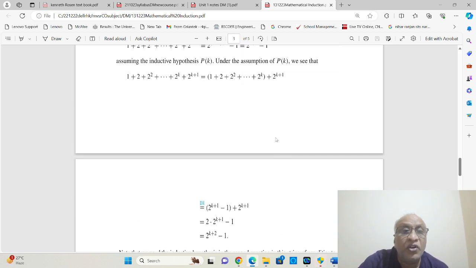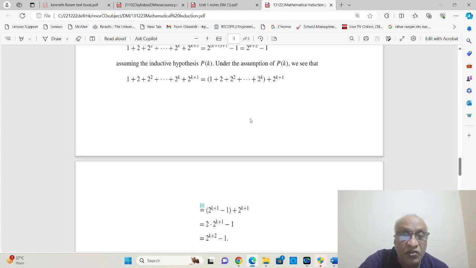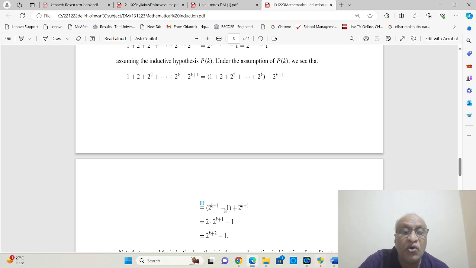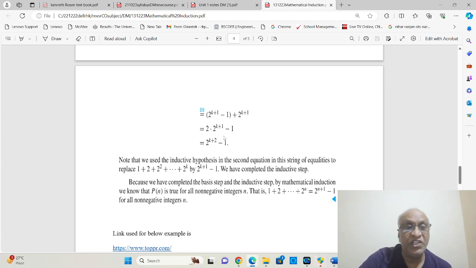This part can be replaced with 2 to the power of k plus 1 minus 1, and ultimately this comes to 2 to the power of k plus 2 minus 1. So this implication also is proved. Once it is proved by mathematical induction, we can say that P of n is true for all non-negative integers n.